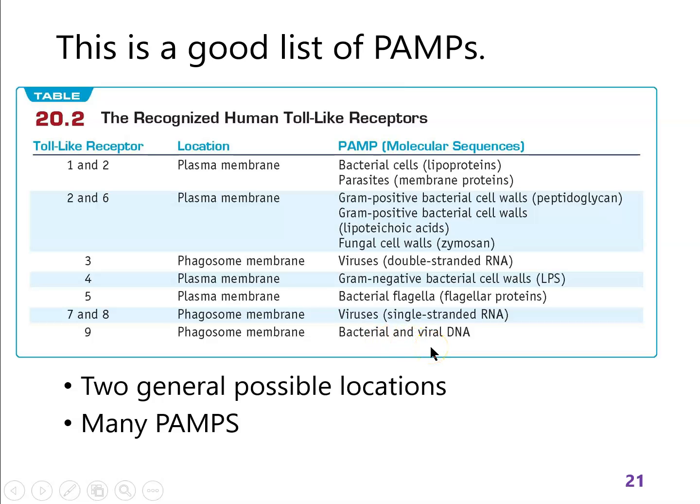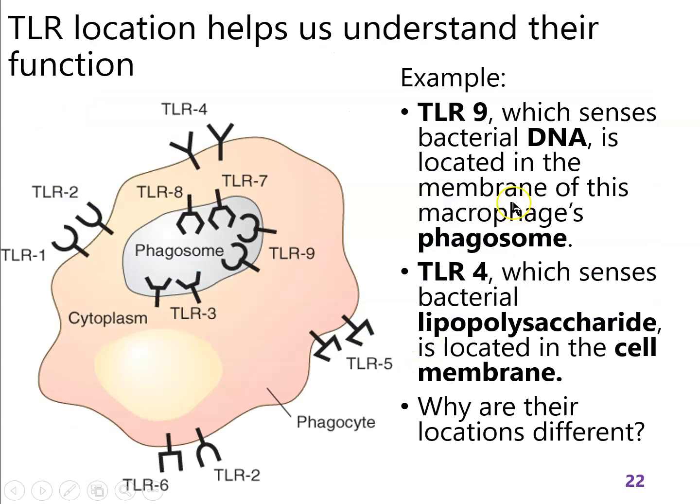So this is a table, and I don't ask you to memorize tables, but on the next slide, we're going to look at the locations of toll-like receptor 4 and toll-like receptor 9 and look at the logic of their locations.